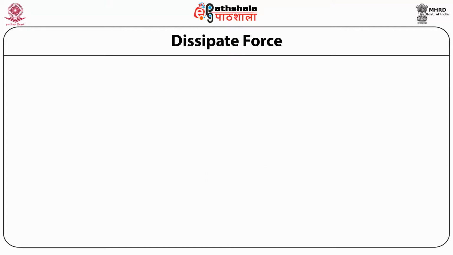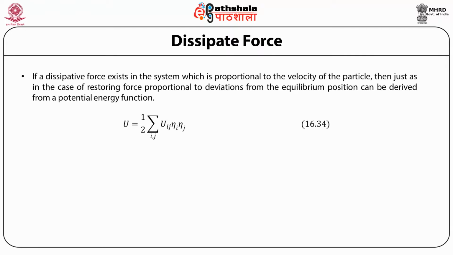I will now discuss what happens in the presence of dissipative force. If a dissipative force exists in the system which is proportional to the velocity of the particle, then just as the restoring force proportional to deviations from the equilibrium position can be derived from a potential energy function, the dissipative force can also be derived from a function.